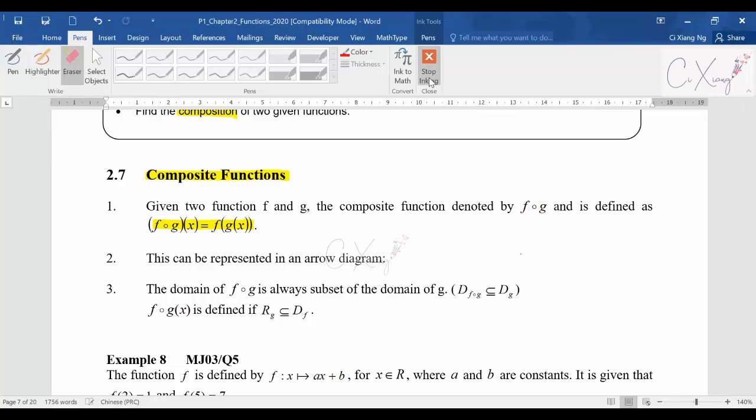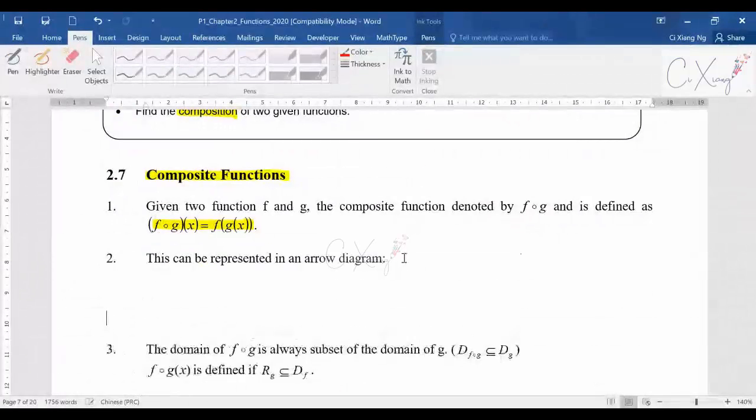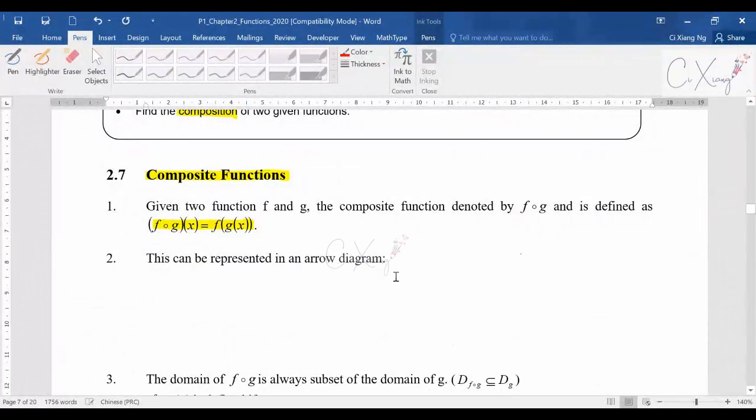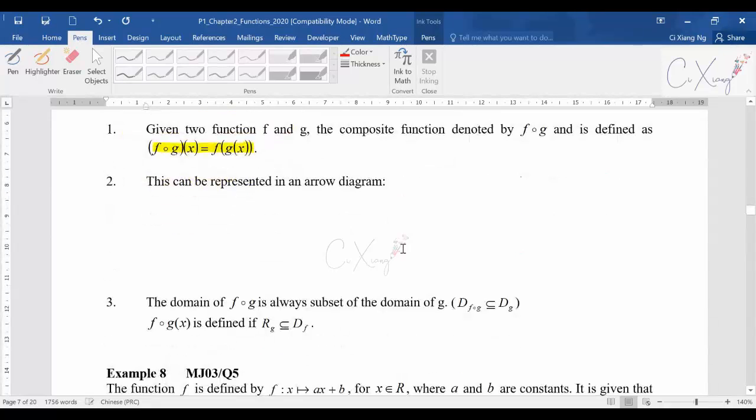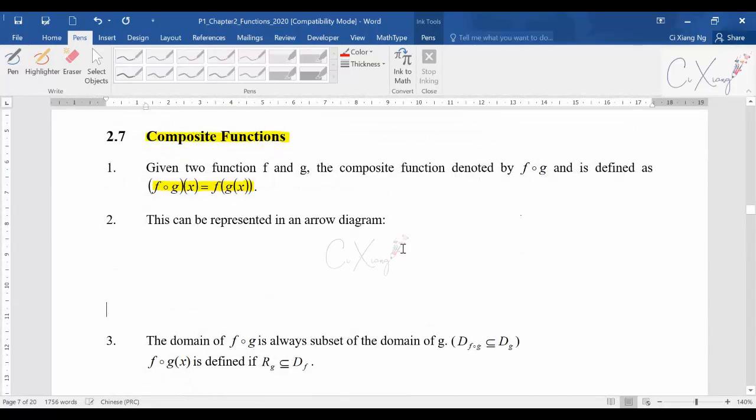Now, any composite function can be represented in an arrow diagram. So I think you need to draw the arrow diagram here. Generally, when you are having f composite g, what does it mean? Okay, so I will draw this.